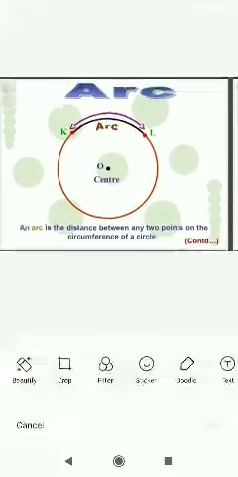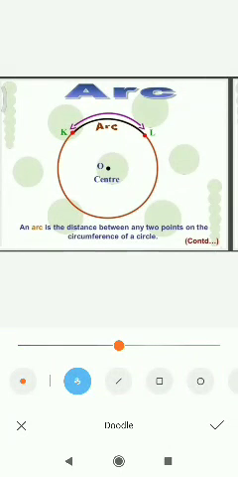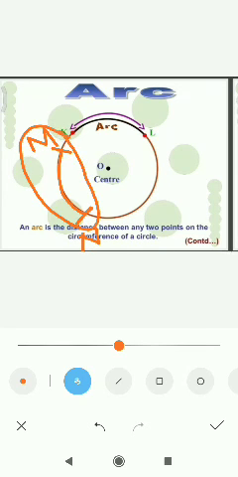And what is arc? Arc is the distance between any 2 points on the circumference of the circle. This is point M, this is point N. So this part of the circle is arc.